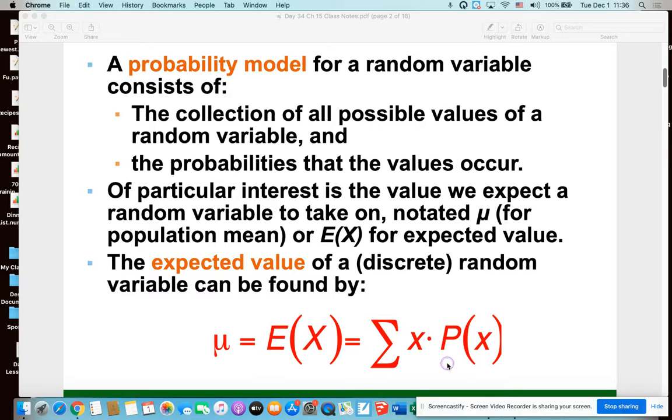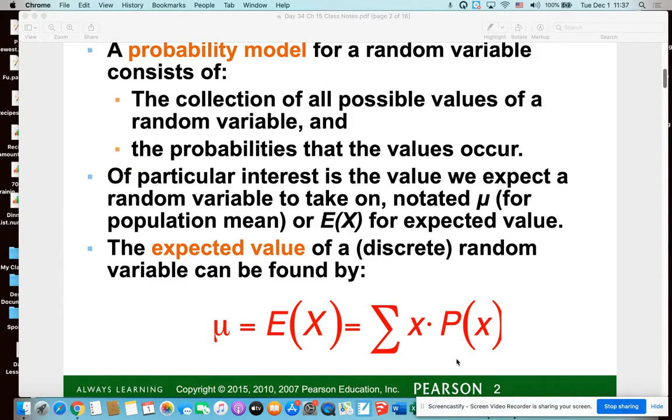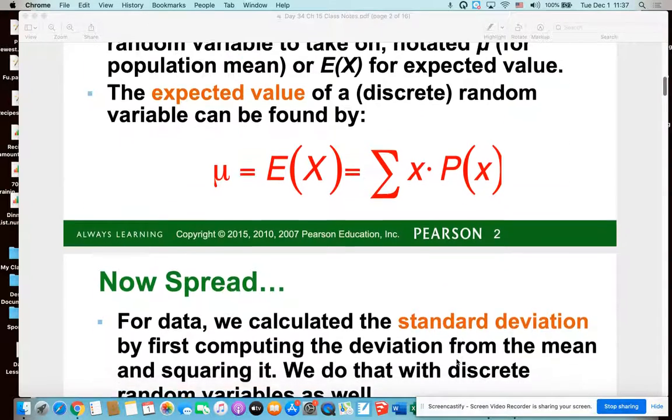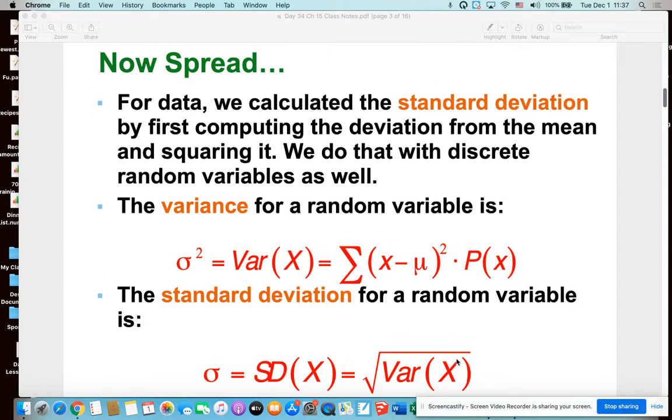So maybe instead of saying, I got 10 things, and dividing by 10, you might say this particular value has a weight of 4 of those 10 things, and this other thing has a weight of 1 of those 10 things, etc. So you're multiplying by that probability. The dividing by 10 still comes in there, but it's like saying I got more of them. Maybe I'll go into more detail on that later. Let's take a look at an example and then hopefully it'll make more sense. Okay, so that's what we're doing.